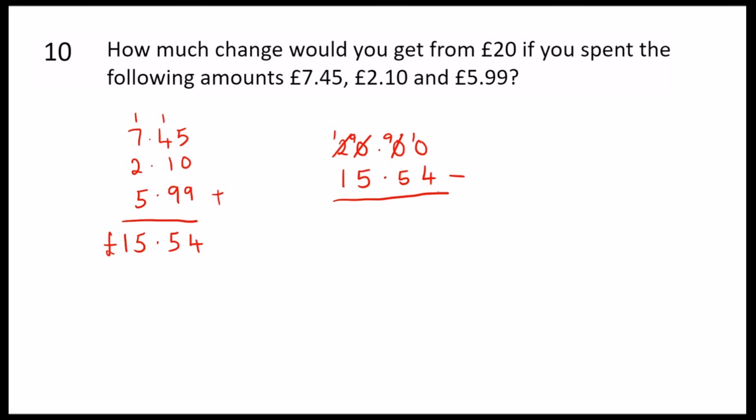And now I can finally start working my question out. 10 take away 4 is 6, 9 take away 5 is 4, decimal point needs to stay in line, 9 take away 5 is 4, and 1 take away 1 is nothing. So my final answer is £4.46.